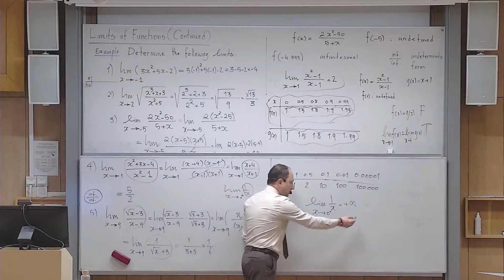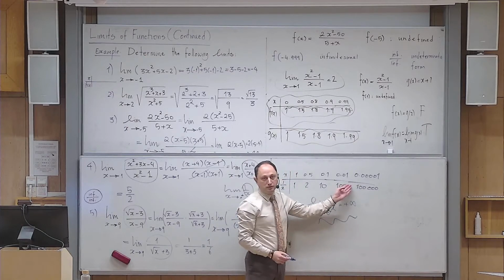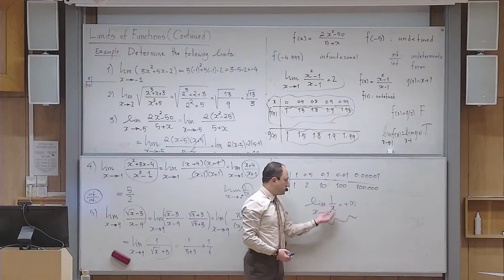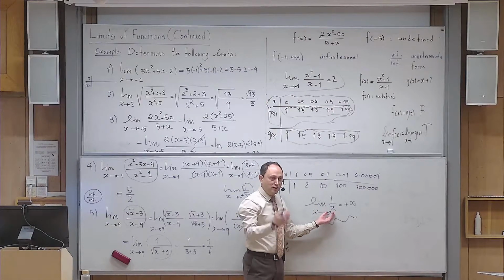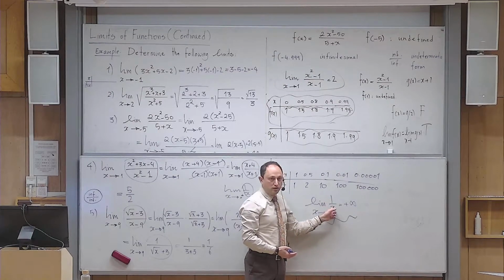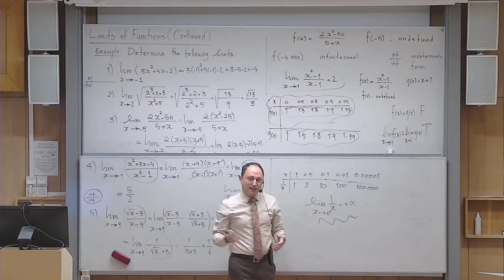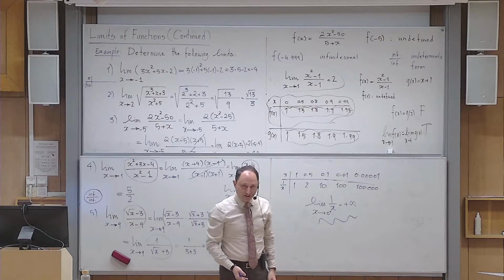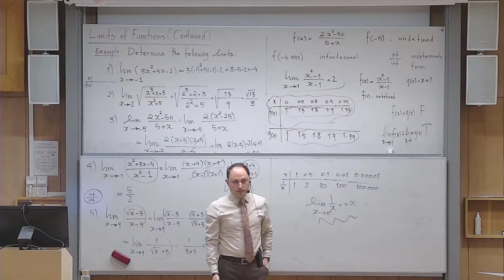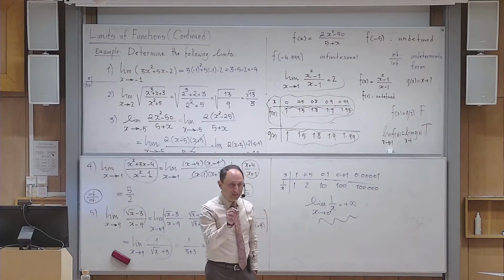This symbol describes this behavior, this process. When you see this, it is conveying the idea that the values of the function are getting bigger than any number that you can imagine if you get closer and closer to 0. But it doesn't mean the limit is infinity.